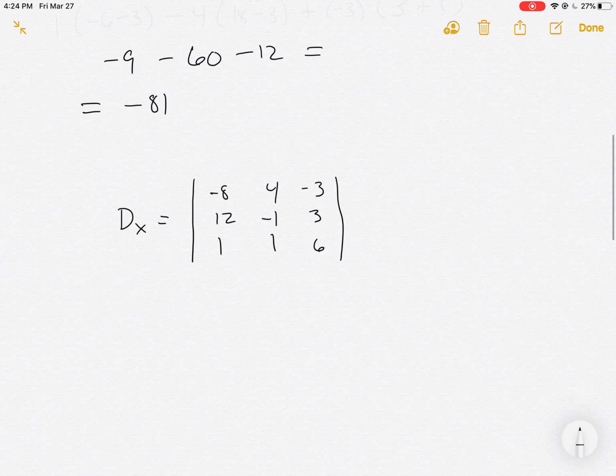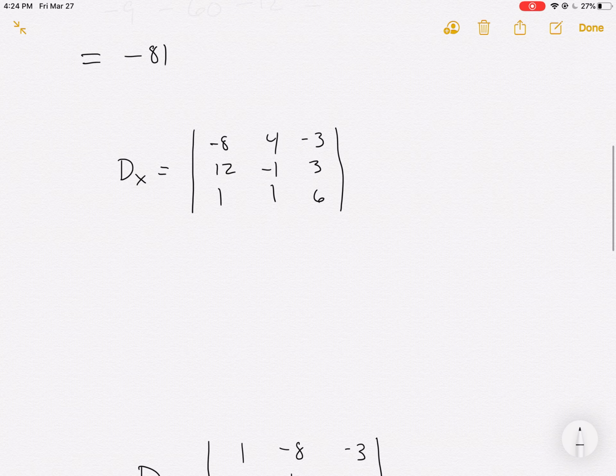Well, there's Dx. Dx would be taking the x and replacing it with the constants that are off on the right hand side, the negative 8, the 12, and the 1, and doing the same thing, taking negative 8, and then the determinant there, if we just look, maybe we can see it, it would be negative 6 minus 3. Then it would be a minus and a 4 is in the middle.